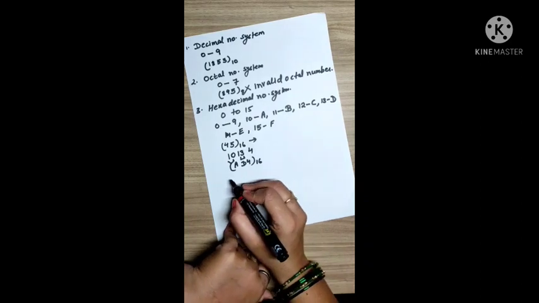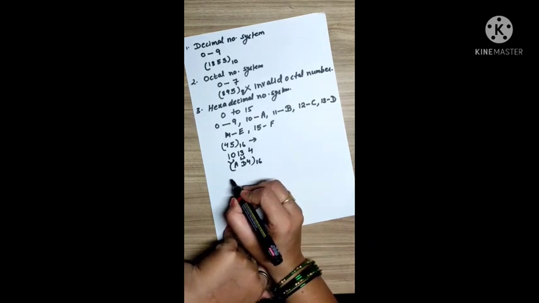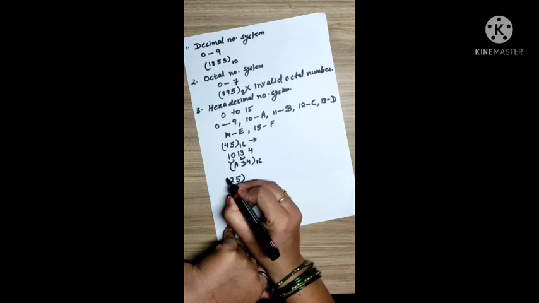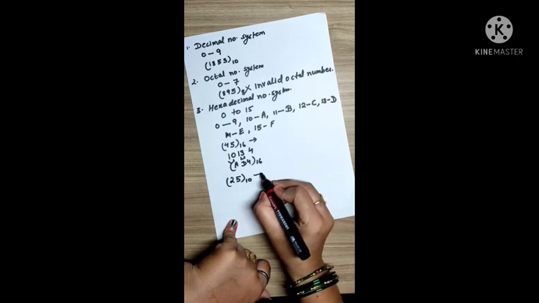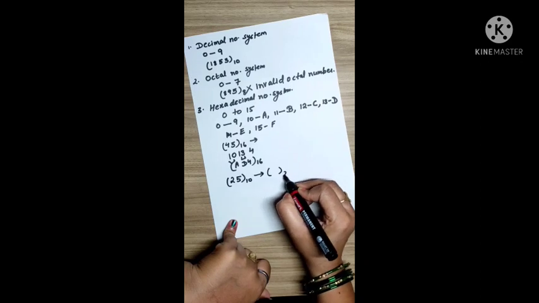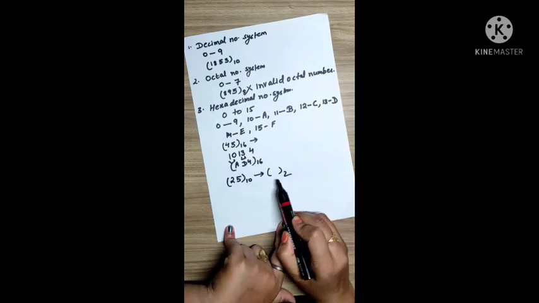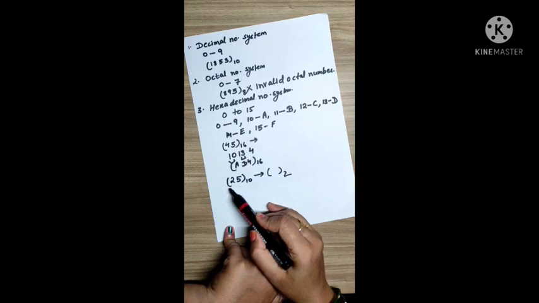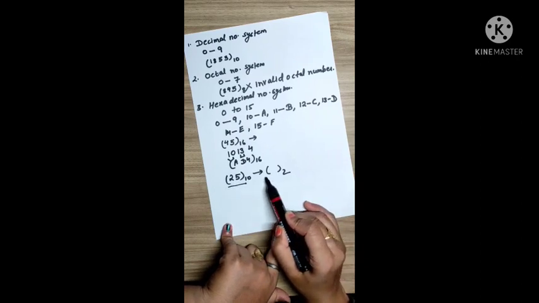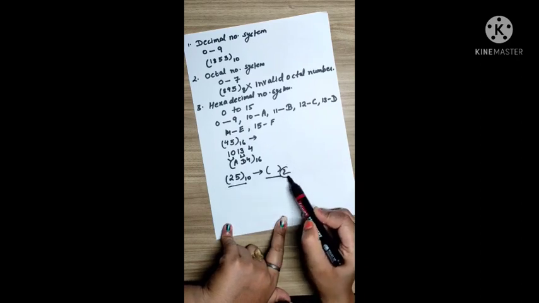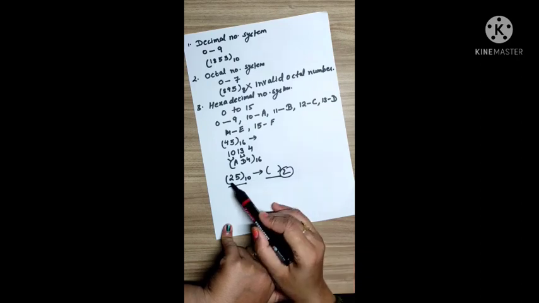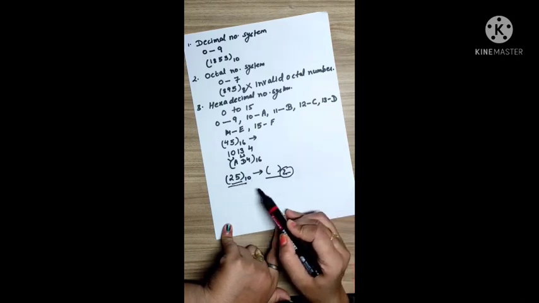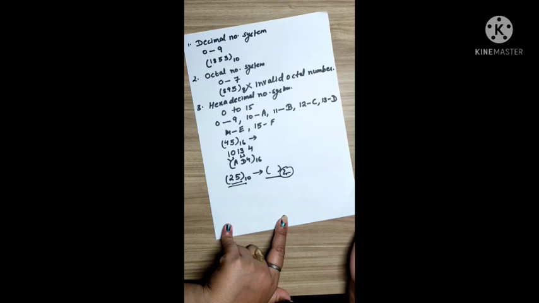Like we have to convert a decimal number like 25, 2 and 5 to the base 10, and I want to convert it to the base 2. So find out the number of digits in the targeted number system. This is the original number system and the targeted number system has how many digits? 2. So we'll keep on dividing this number by 2 and the remainders we will start writing towards the right-hand side.